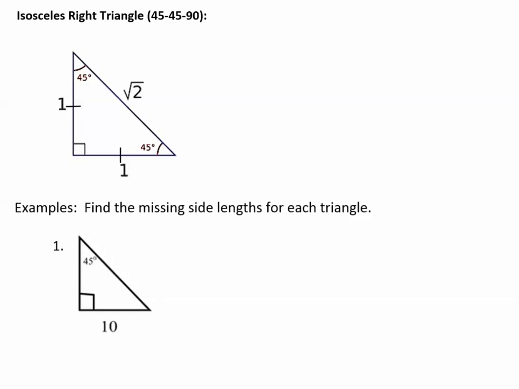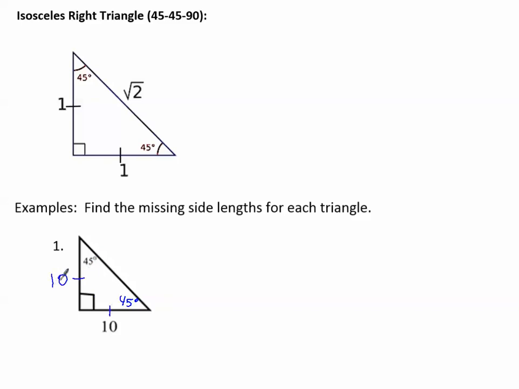Let's remember the isosceles right triangle, or the 45, 45, 90 ratios of sides: 1, 1, square root of 2. How can we use that? For example, find the missing side lengths for each triangle. So in this picture, I see a 45 and a 90. So I know right away this is also a 45-degree angle. 45, 45, 90 triangle means I have two congruent sides.